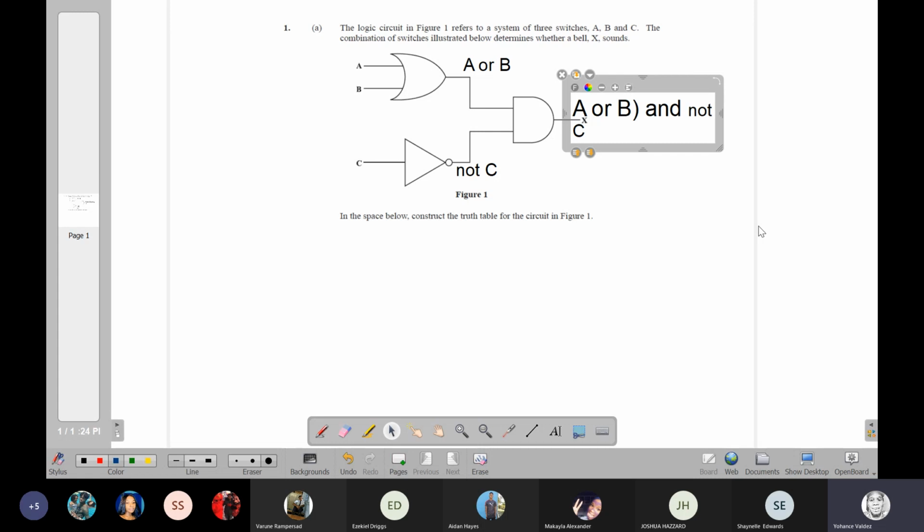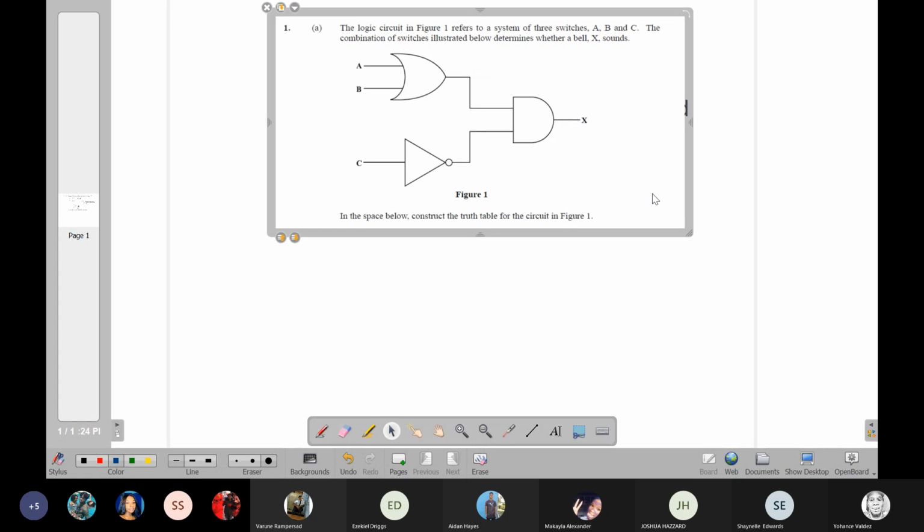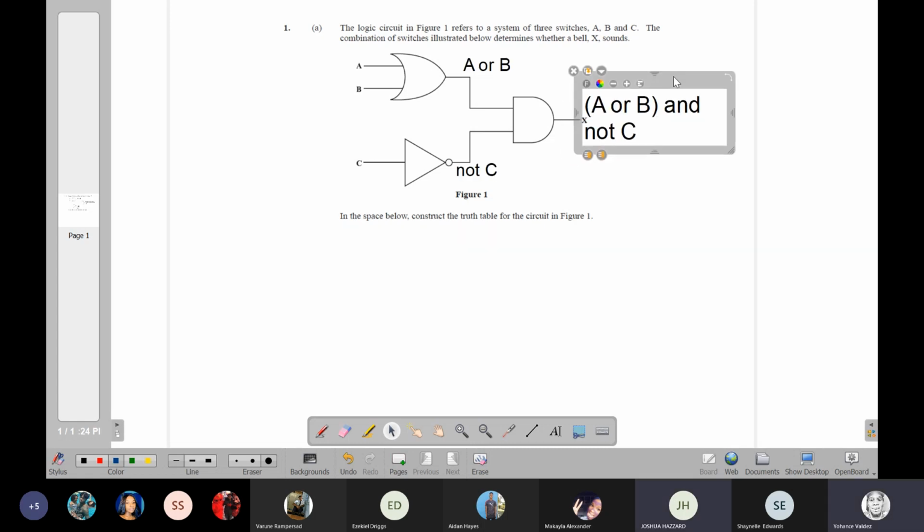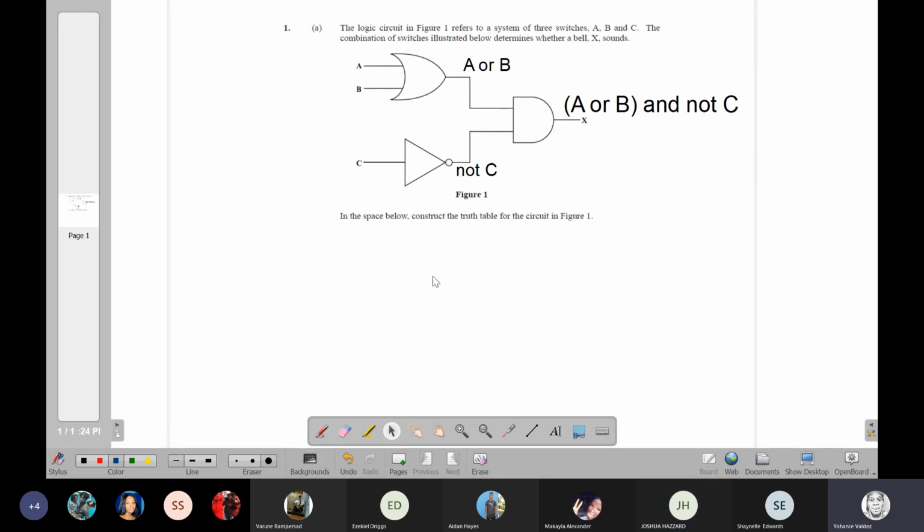So to make sure that the A or B is evaluated before the B and not C, you put that inside of brackets. You all follow the logic here, right? Yes, no? Yes, sir. All right. Good. So we end up with (A or B) and not C.